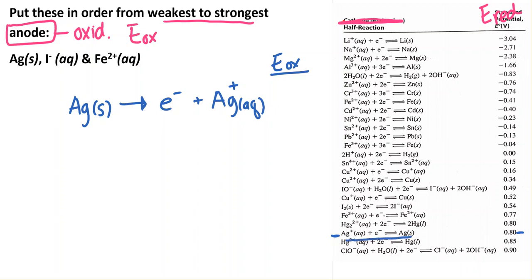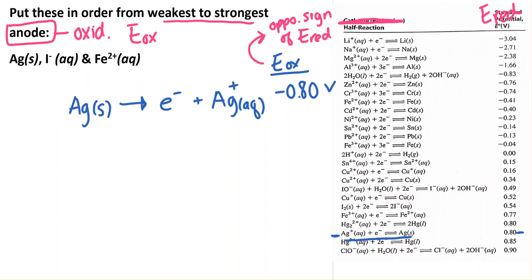You see how this reaction is the opposite of the one I have here. So I'll change the sign. Okay, and just to know, they're the same number and opposite sign.